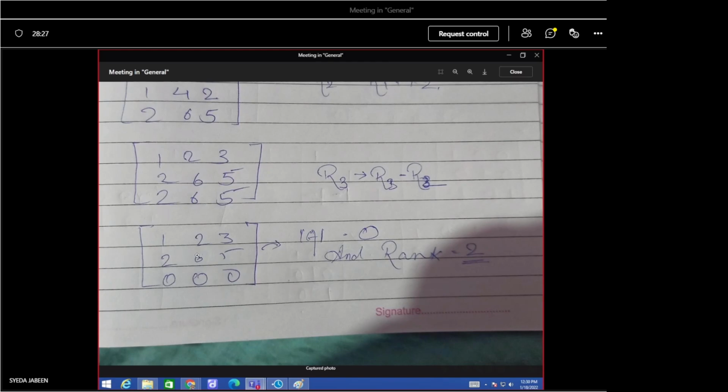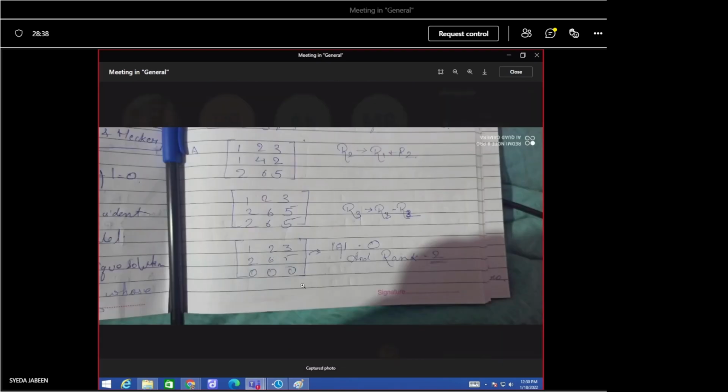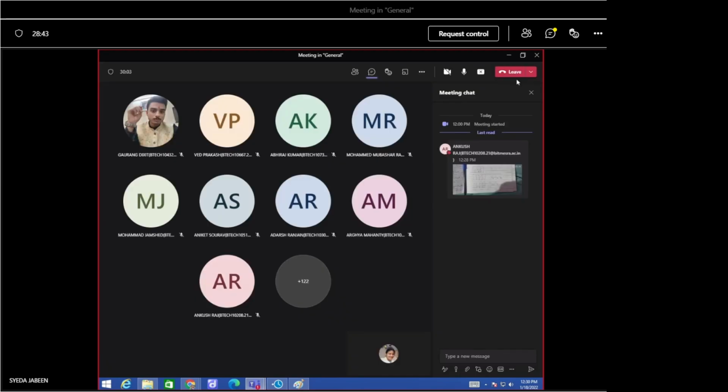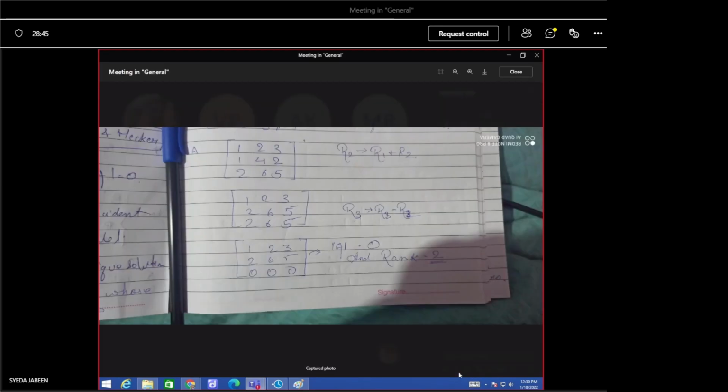Can you reduce this further? Yes, ma'am, I have reduced. In the next page, I will. Okay, because this may not give a direct, clear answer. Okay, you have done it.